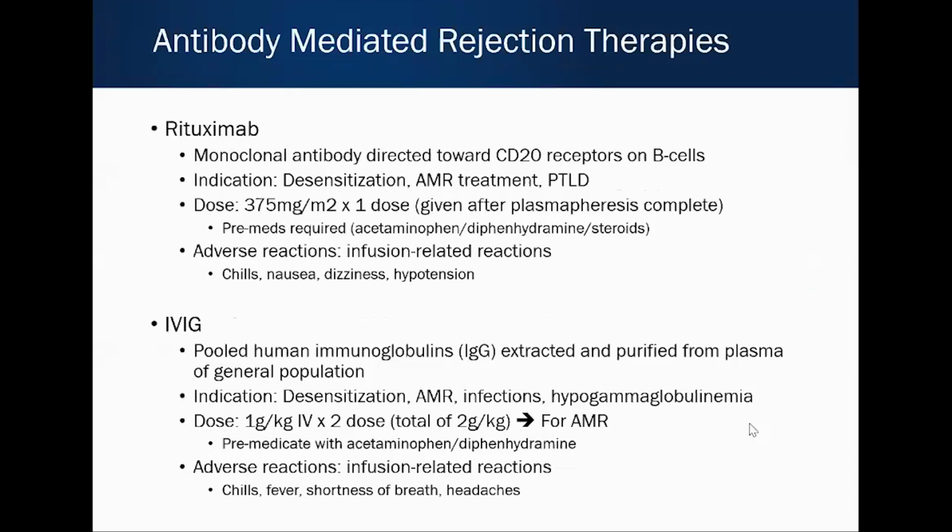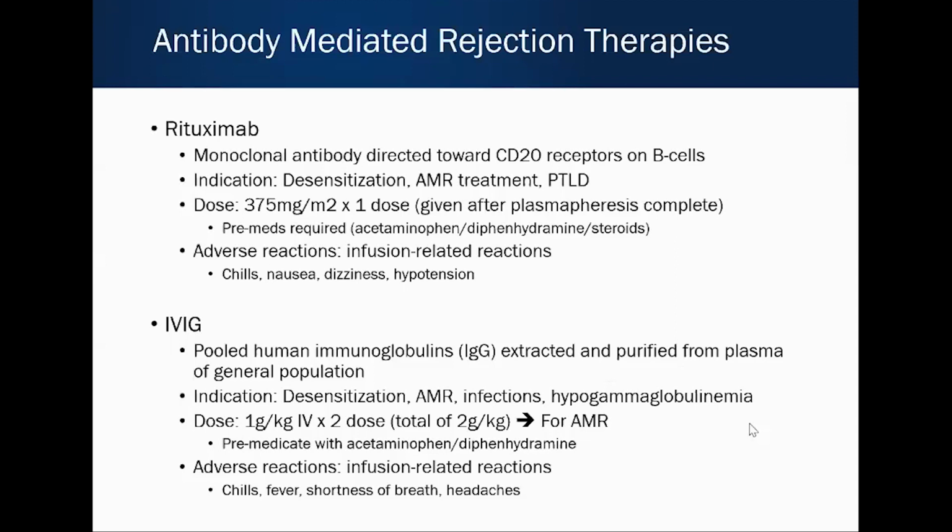So I wanted to quickly go through some of the AMR therapies. So rituximab is a monoclonal antibody. It's targeted against the CD20 receptors on B cells. Reasons you may see it being utilized in our patients is for desensitization on the pre-transplant side, or for AMR treatment post-transplant, or even potentially for those patients who develop PTLD.